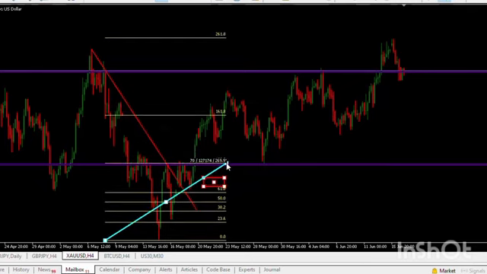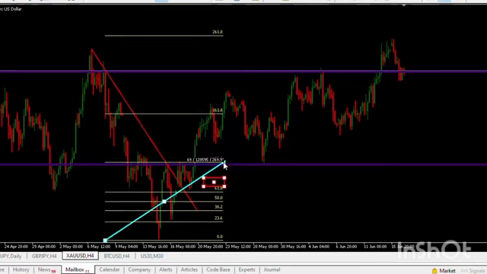But if we had reduced our Fibo to here, you could see that this same first retest failed between the 61.8 level and made so much profit to 161 and above.